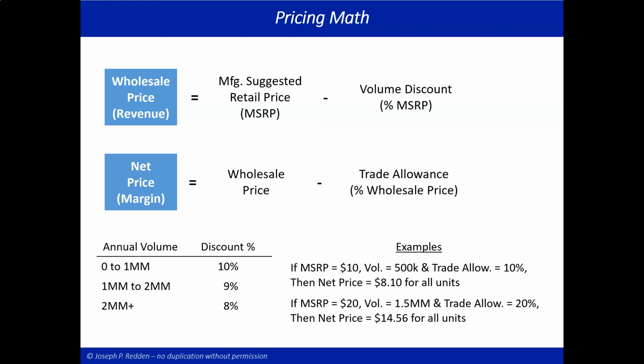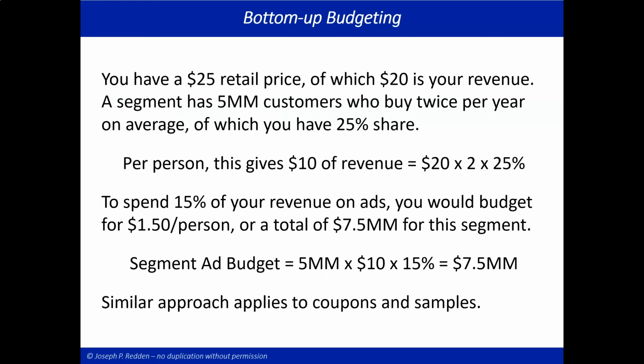In terms of thinking about your budgeting, a few tips here. Think about bottom-up budgeting. Think of how much you need to cover your market. Let's say, for example, you have a $25 retail price, of which $20 is your revenue. Let's say a segment has 5 million customers that you really want to target, and they buy twice a year on average, and that you have 25% share.